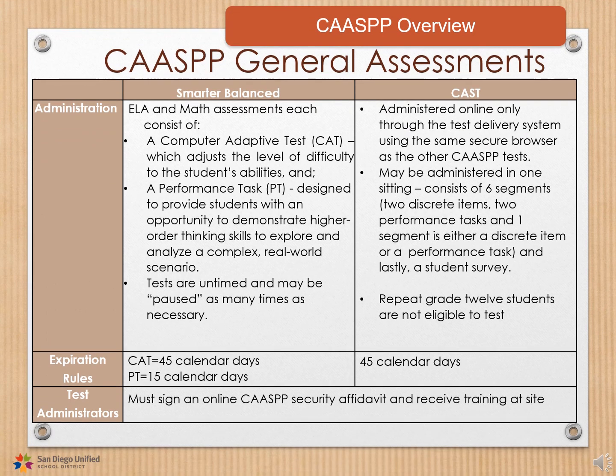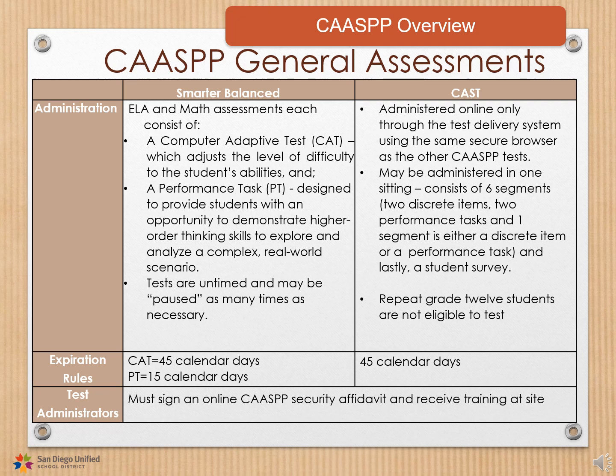The Smarter Balanced Summative Assessment for ELA and Math each consists of a Computer Adaptive Test, also known as CAT, and a Performance Task, also known as PT, which are presented as separate tests. The CAT adjusts the level of difficulty to the student's abilities, and the PT is designed to provide students with an opportunity to demonstrate higher order thinking skills to explore and analyze a complex real-world scenario.